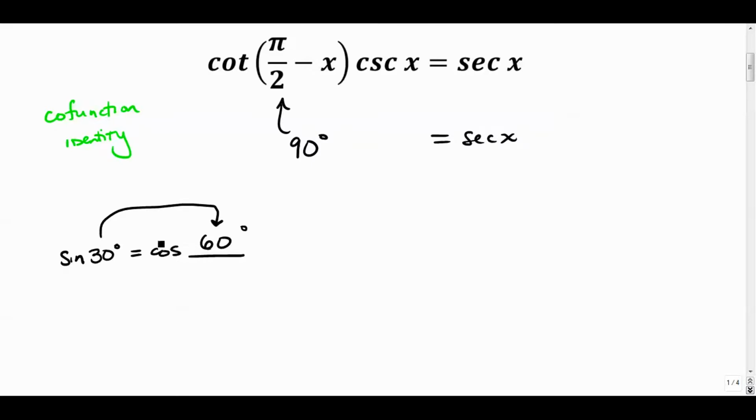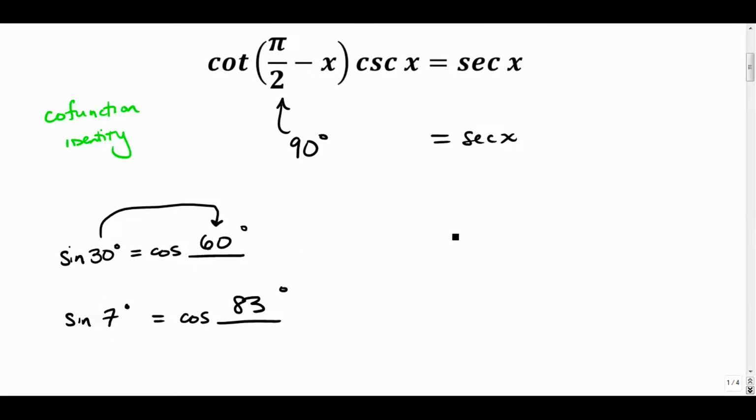Sine and cosine are called cofunctions because the sine of one angle is equal to the cosine of the other angle's complement. In other words, 30 plus 60 is 90. And I can do that with any angle. If I want to take the sine of 7 degrees and ask the question is equal to the cosine of what? Well, I know that that's 83 degrees. All I'm doing in my head is 90 minus 7.